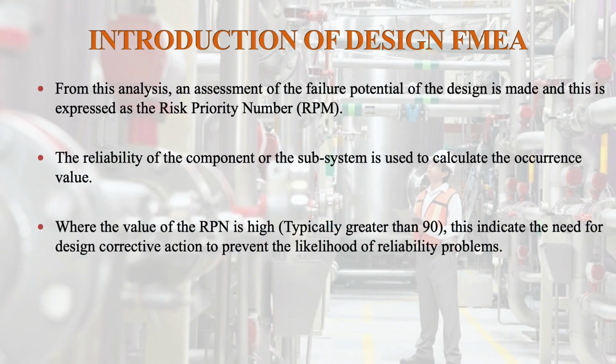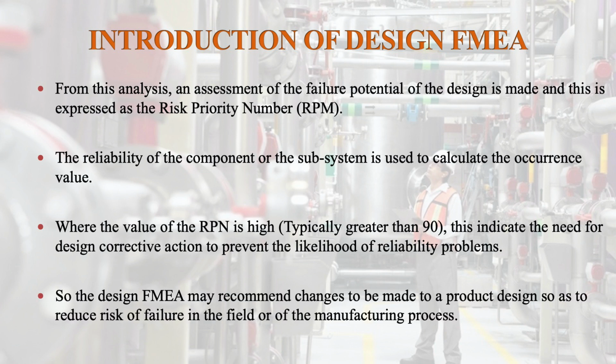So here we have to find out the risk associated with that failure mode, a failure of a particular machine or a process. So what will be the effect? It will be measured as the risk priority number, where if the value of risk priority number is high, this indicates the need for design corrective action to prevent the likelihood of reliability problem.